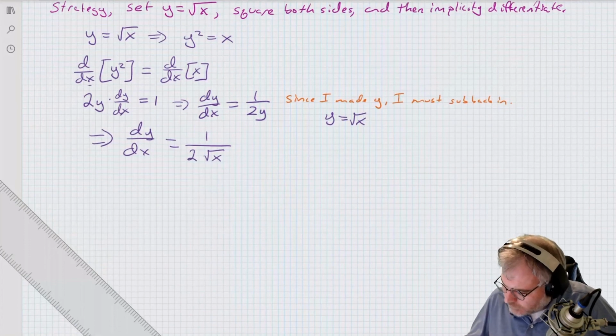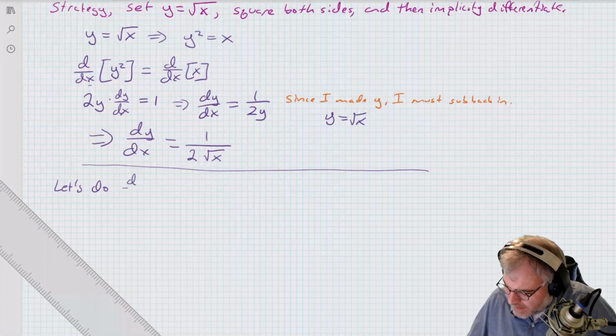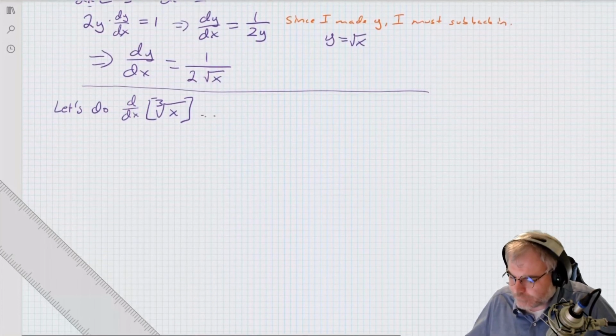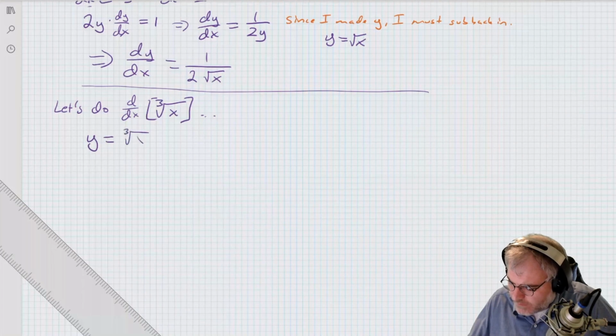Well, let's do another one. So let's do d over dx of the cube root of x. Okay. So y equals, I'm going to create a y, the cube root of x.